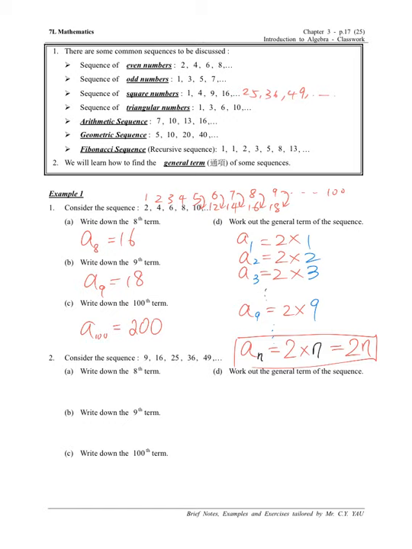Now, question 2. The first term is 9, the second term is 16, the third term is 25, the fourth term is 36, the fifth term is 49. Let me write this down.